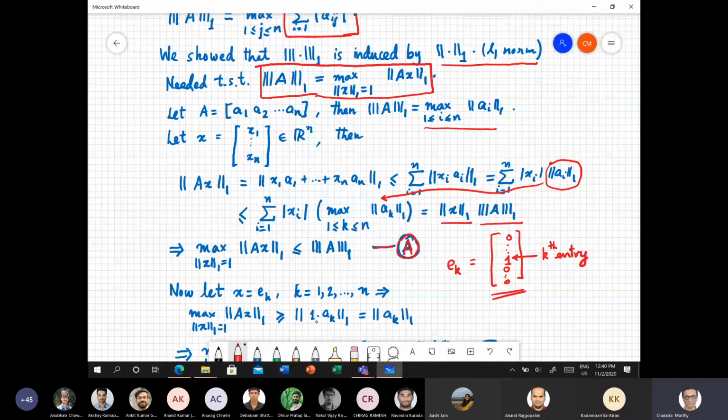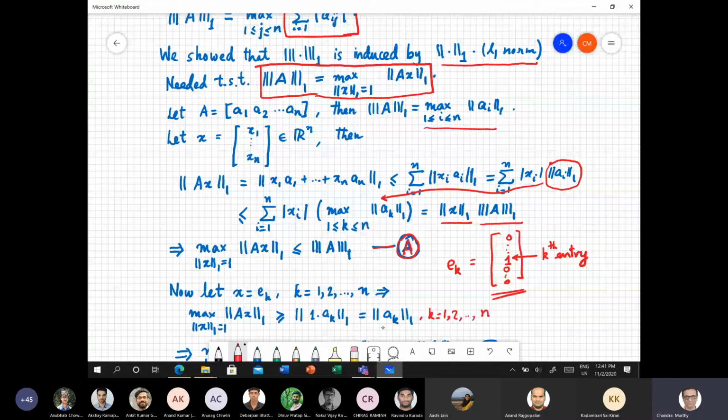If I substitute e_k, that will only pick off the kth column of A, and I'll be left with the L1 norm of a_k. So the maximum over all x such that the L1 norm of x equals 1 of the L1 norm of Ax is at least equal to the L1 norm of a_k for k equal to 1 to n.